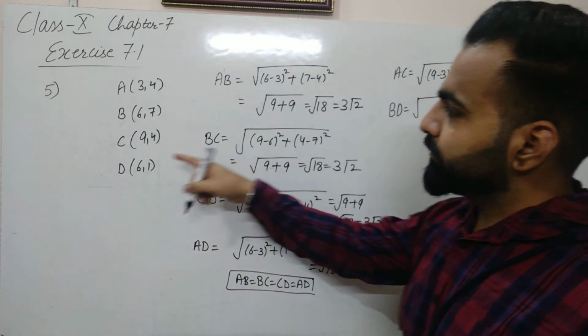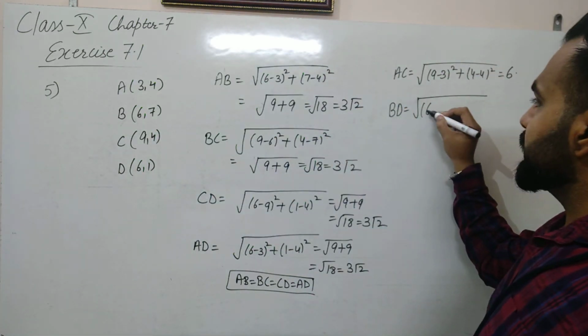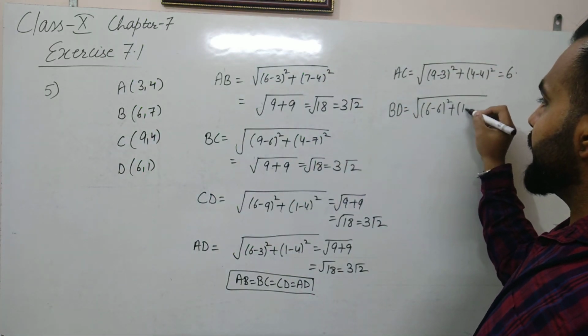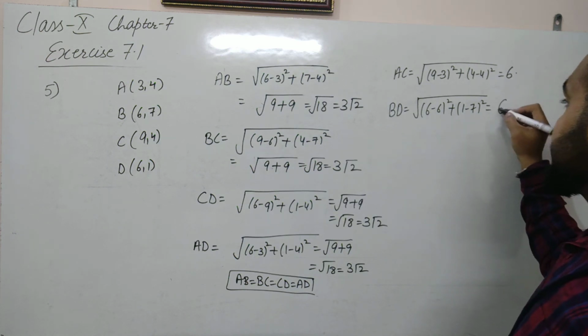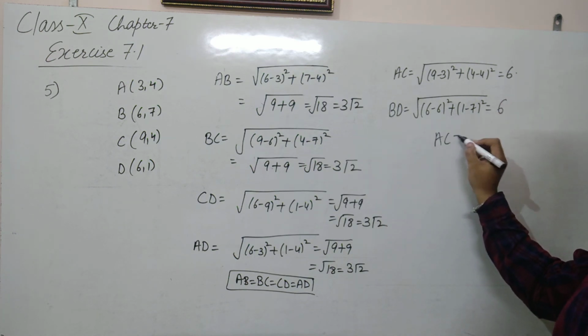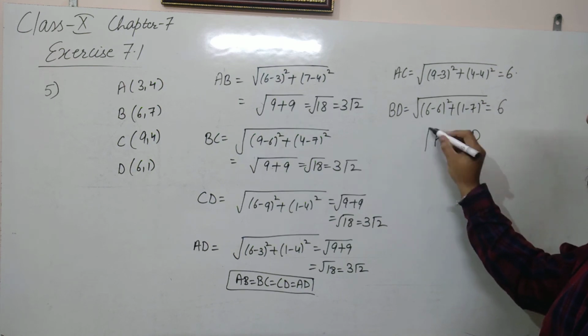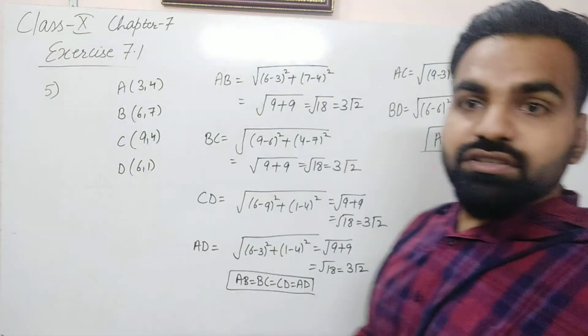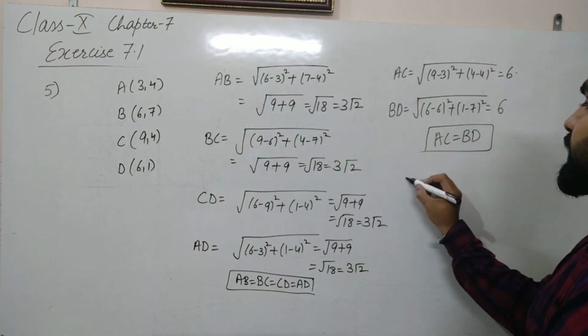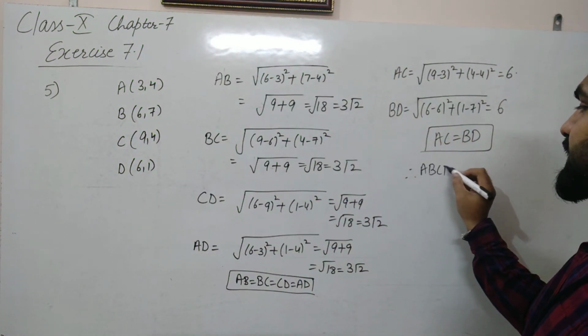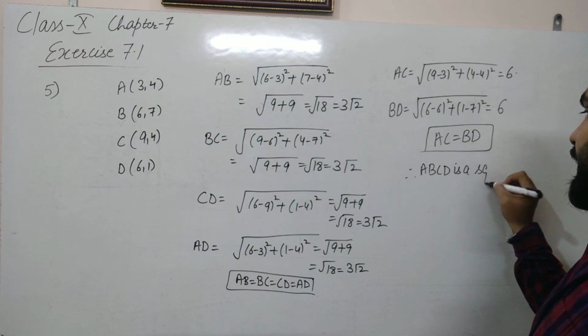BD will be root of (6 minus 6) square plus (1 minus 7) square. This will be again root 36. Root 36 will be 6. From here AC is equal to BD. Now since all the sides are equal and the diagonals are also equal, therefore ABCD is a square.